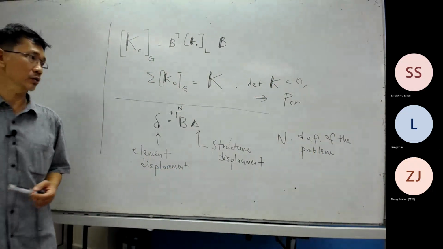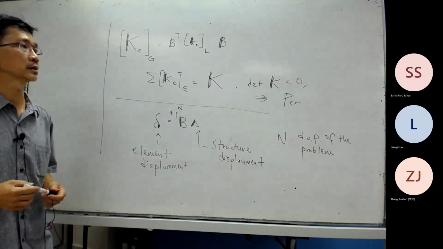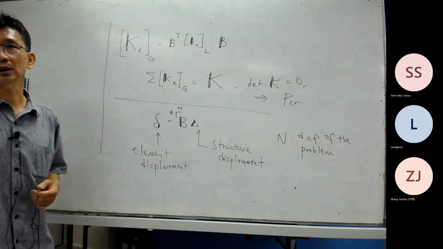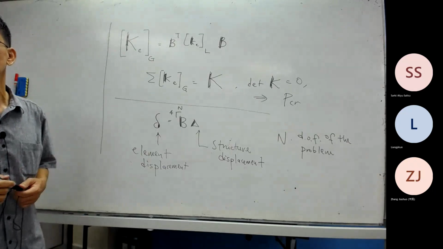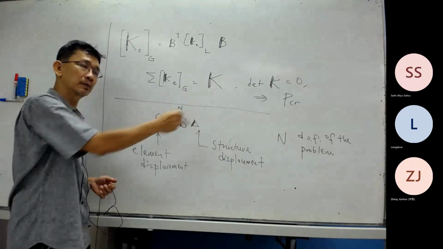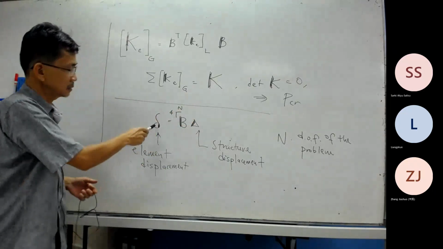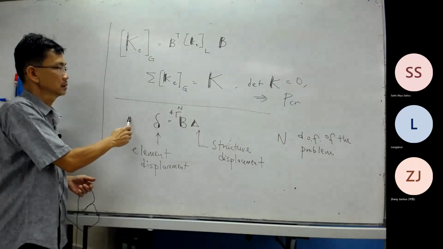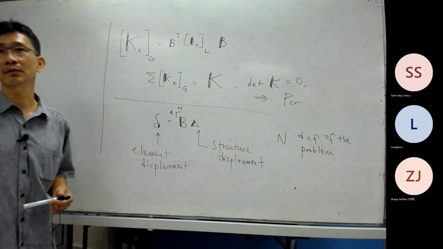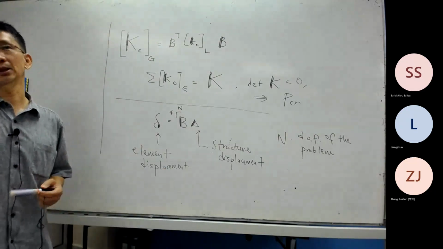In the example that I showed you just now, N is equal to 3. Because we have delta 1, delta 2, delta 3. So how many columns depends on the problem. But the rows is always 4. Because for each element, there are only 4 deltas: 2 at one node, 2 at the other node.